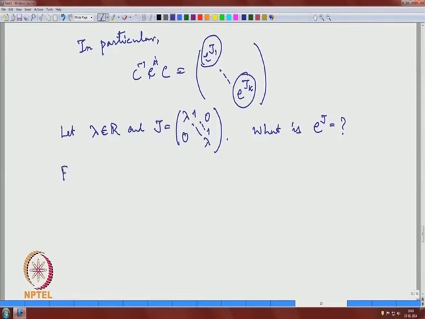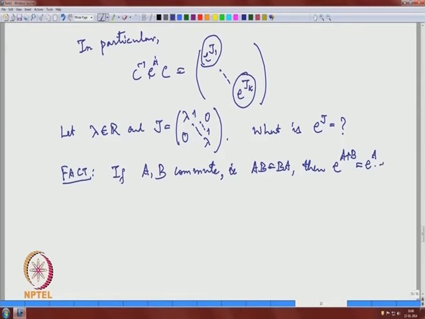Again a fact: if A and B commute, that is AB equal to BA, then exponential of A plus B is equal to exponential of A times exponential of B. So, just like the exponential of a real number.